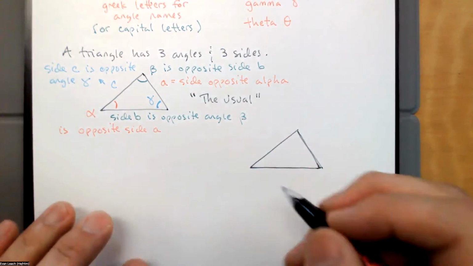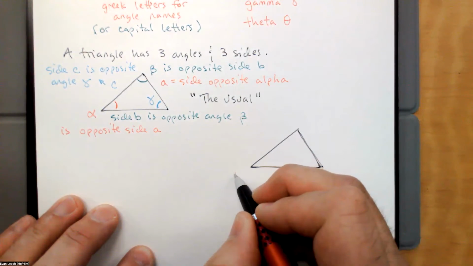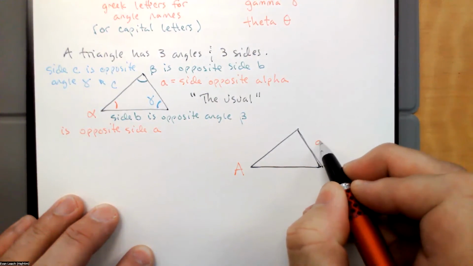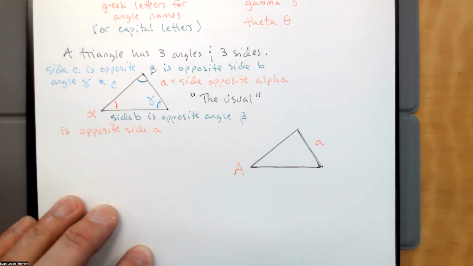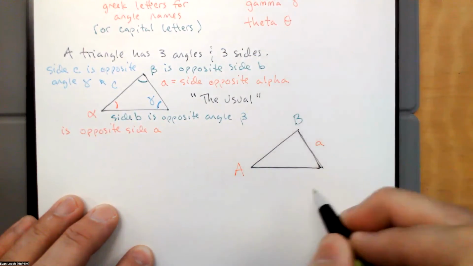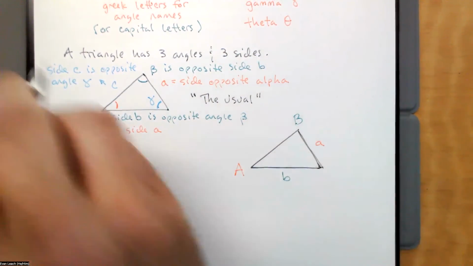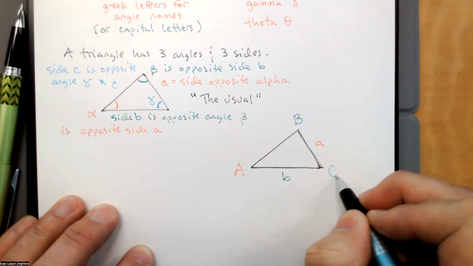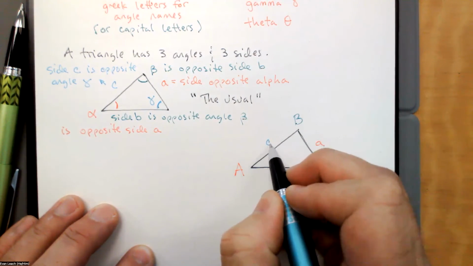So I might say, here's angle A, and that will be opposite side A. Here's angle B, opposite side B. And here's angle C, opposite side C.